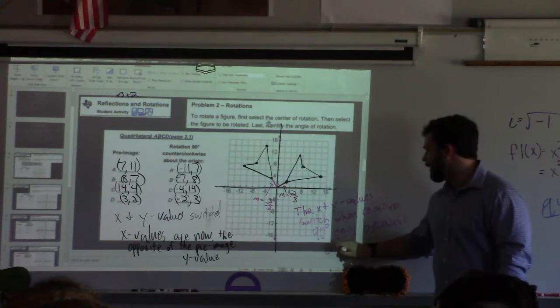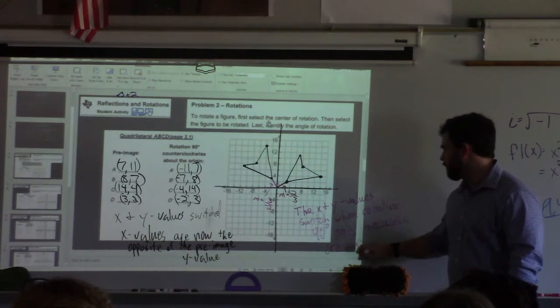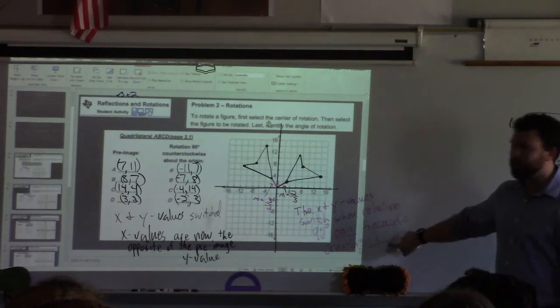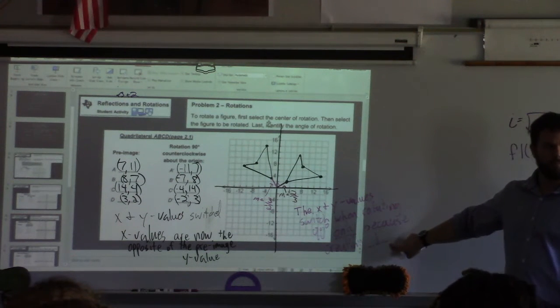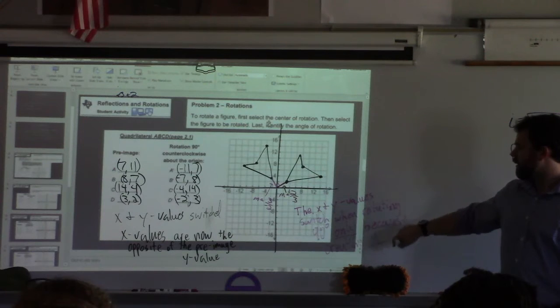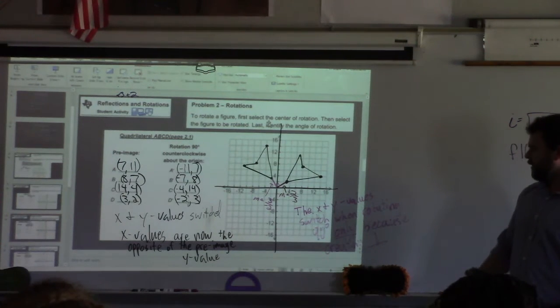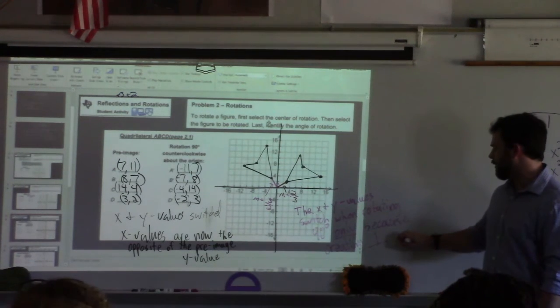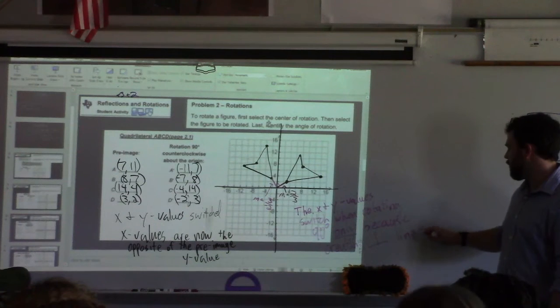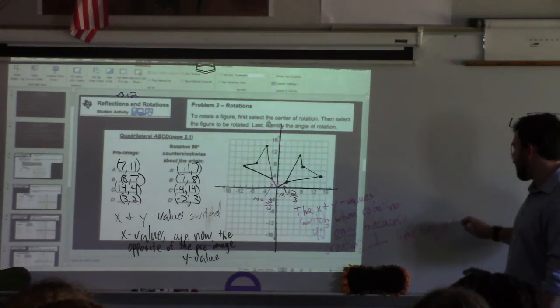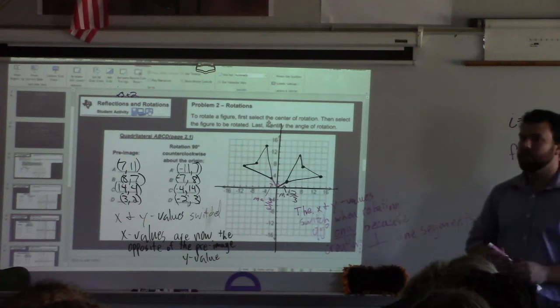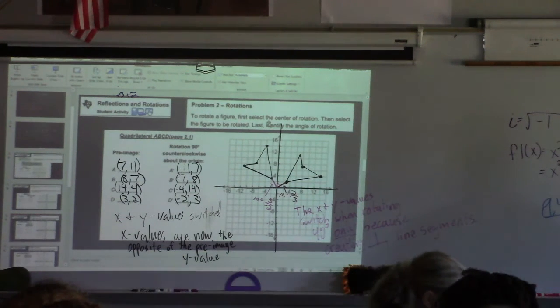The x and y values switch when rotating 90 degrees only because we are creating, what is that symbol? Perpendicular, right? The x and y values switch when rotating 90 degrees only because we're creating perpendicular line segments. That is a big, big deal to notice. So, if you rotate 30 degrees, are the x and y going to switch like that?